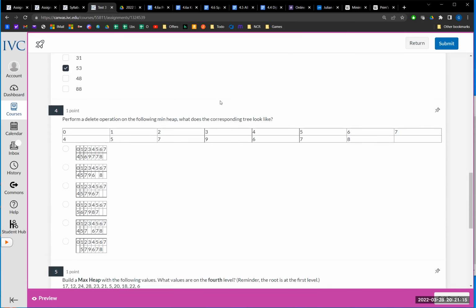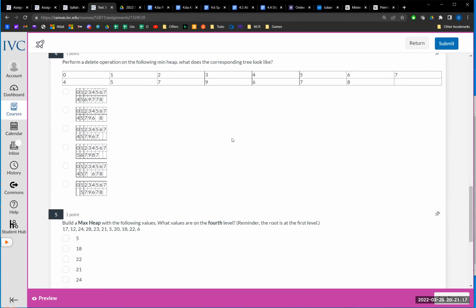Perform a delete on that heap. So what do we have here? We have 4, 5, 7, 9, 6, 7, 8. Our delete is going to make a hole at the root. 8 is going to fall off.